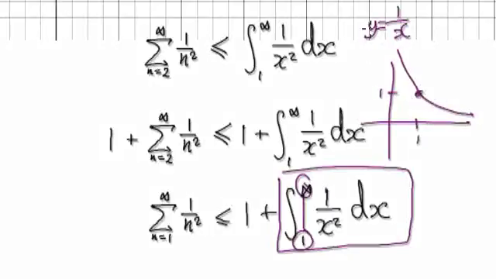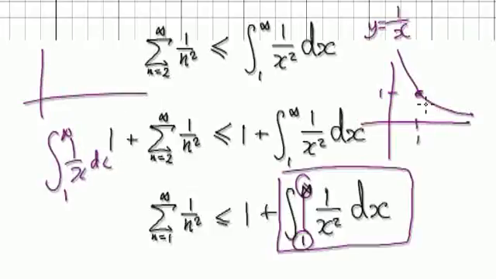The integral of 1 over x from 1 all the way to infinity will diverge. We've seen this before. But then 1 over x squared will look something like this, so this area here will converge.